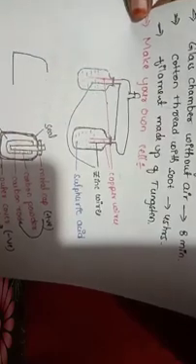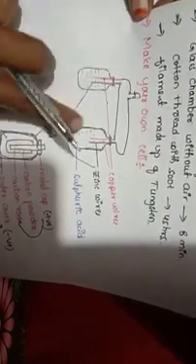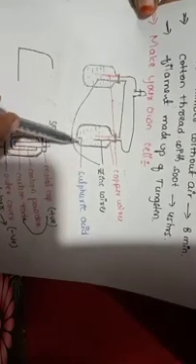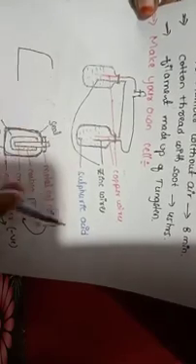These rods are known as electrodes. These two rods are called electrodes. The dilute sulfuric acid is known as the electrolyte. Okay, so this sulfuric acid is called the electrolyte.